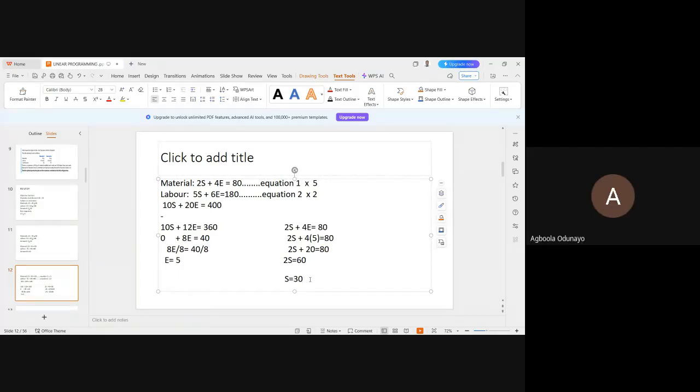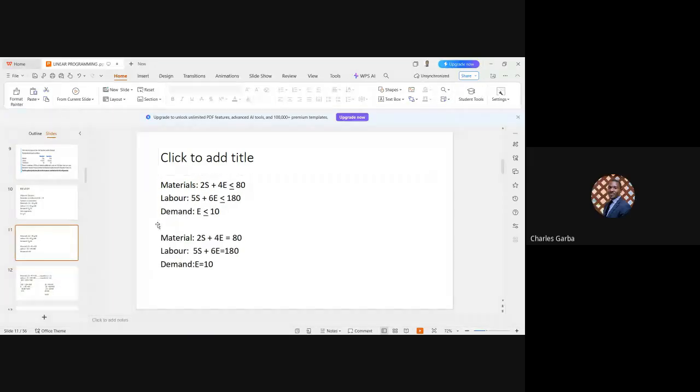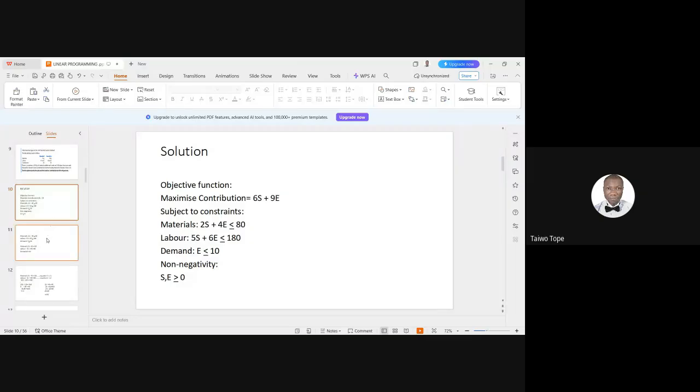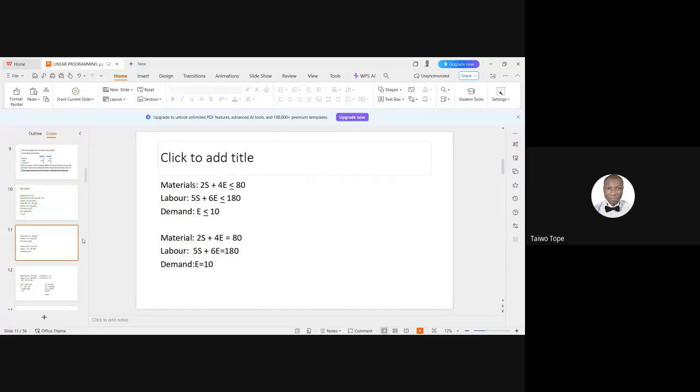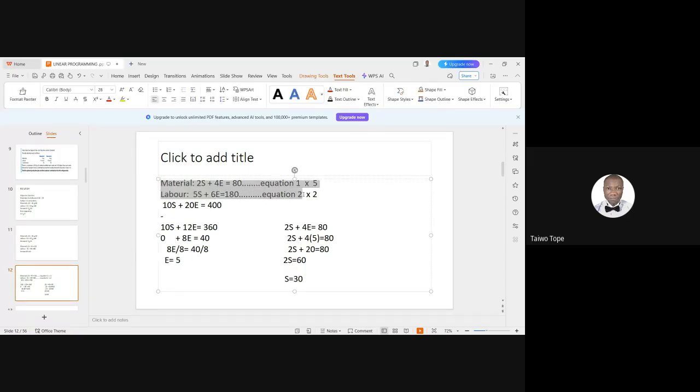Let's show that, because those are the coordinates we represent on the graph.